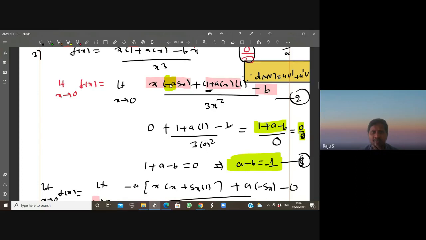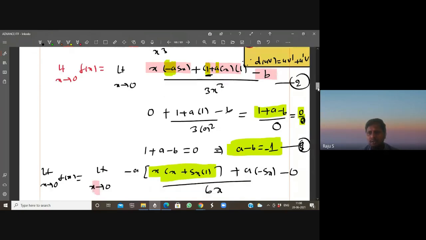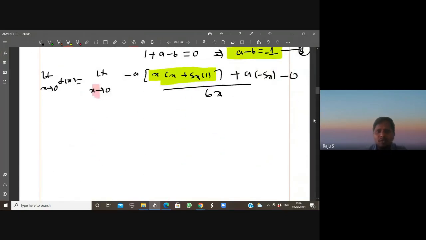This is minus a times x sin x. For the derivative of x sin x, minus a I'm taking outside, using the uv formula: sin x derivative is cos x, sin x into x derivative is 1. Then 1 is a constant, derivative 0. a into cos x derivative is a into minus sin x. Minus b is 0. Now again, what to do here?